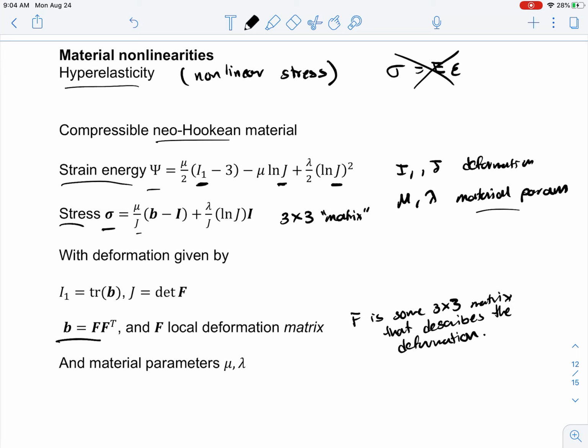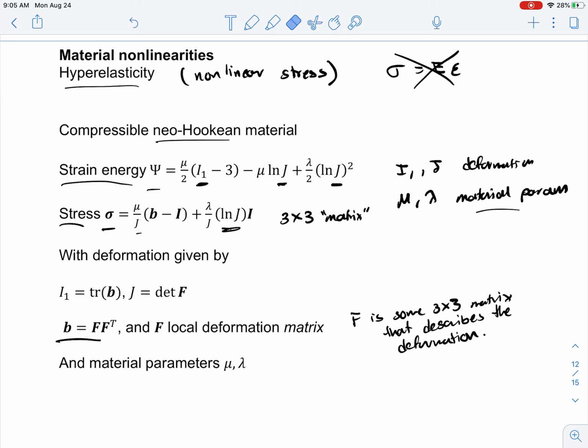You can see, for example, that we have this term, logarithm of J. That's clearly a nonlinear function of the deformation. J is part of the deformation. J is the determinant of that F. And this B is also going to be nonlinear because it's F times F transpose. If F describes the deformation, this B, which is F times F transpose, is going to have quadratic terms, so that's going to be nonlinear.